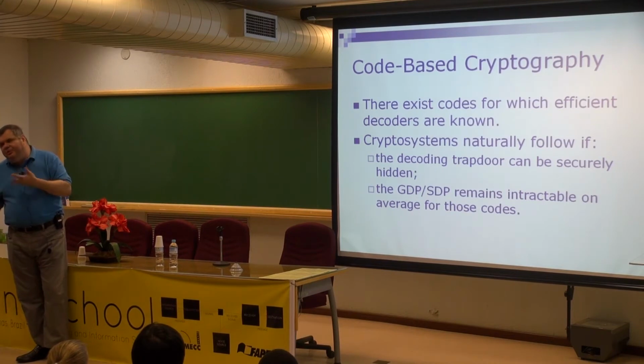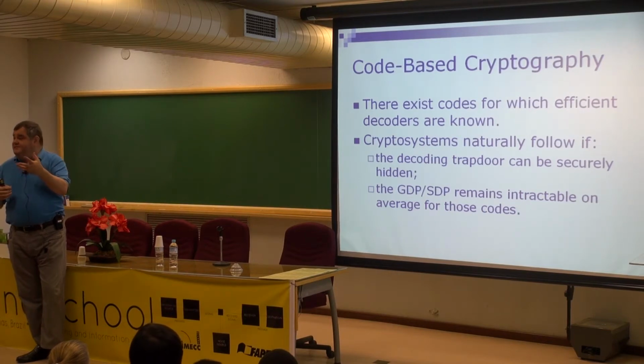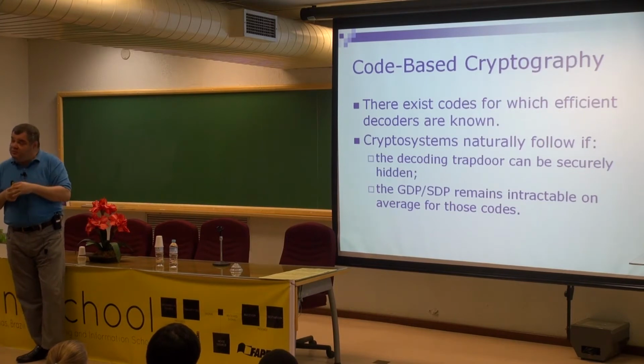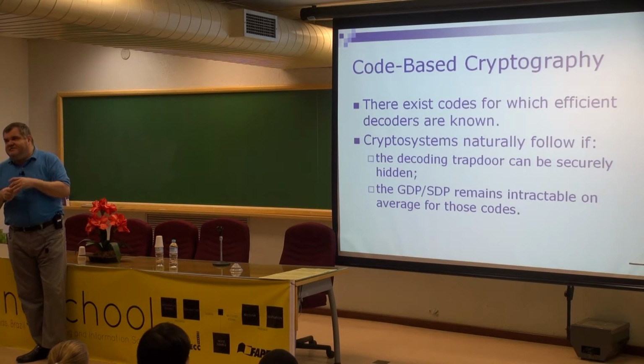It's certainly possible to come up with a few easy instances, but if we choose the code properly, then what happens is that a randomly generated key will be as secure as the hardest key possible.